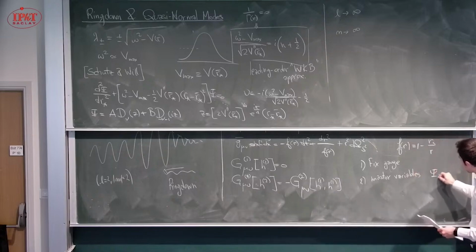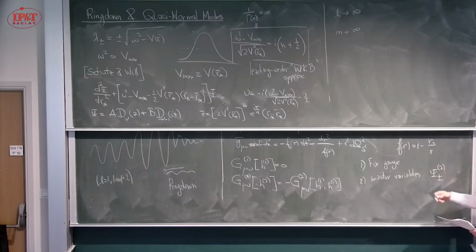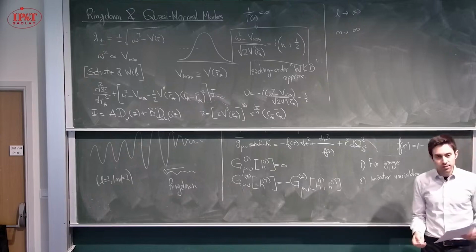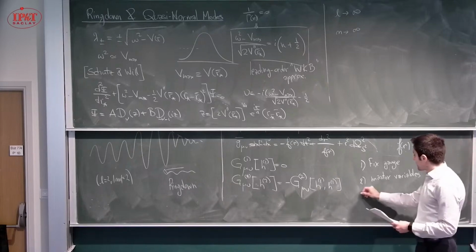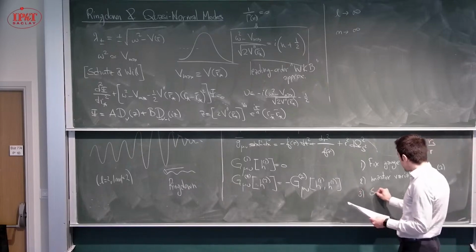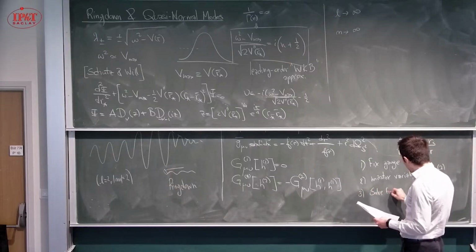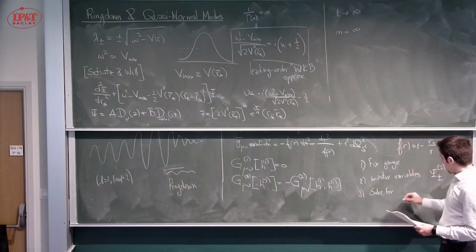Let's call them psi plus minus 2, where this 2 refers to the fact that we are at second order in perturbation theory. Monday we were calling these, well, psi 1 would correspond to the original Regge-Wheeler and Zerilli variables, if you want. Okay, and then the next step is to solve for psi 2.